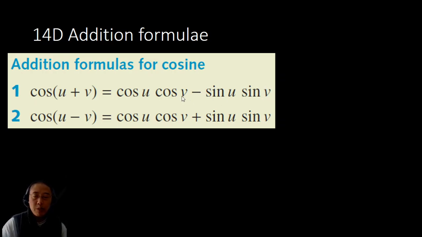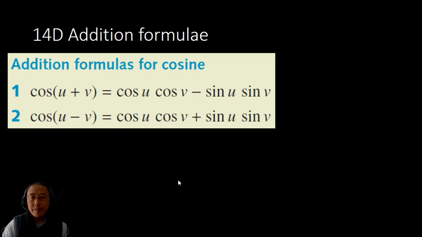You remember the property of symmetry for the negative angle for cos and sine. Cos of negative v is the same as cos of v, so the first term is unchanged. But sine of negative v is going to be negative sine of v, and the negative here times another negative becomes a plus.